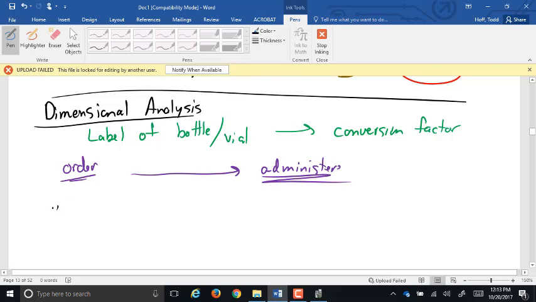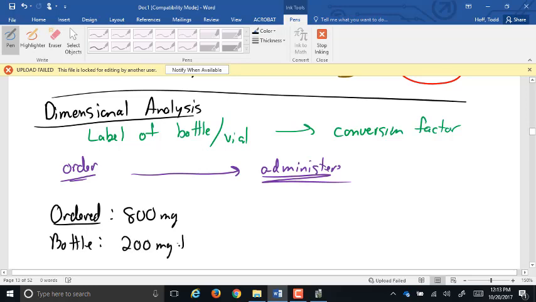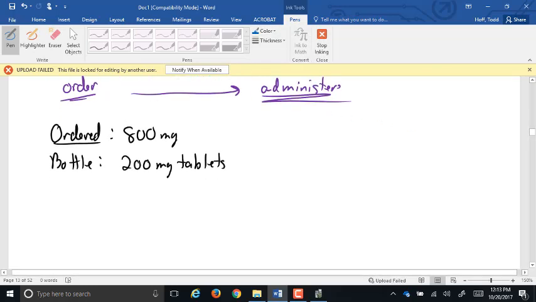So let's look at our example again. Ordered: 800 milligrams. The label on the bottle: 200 milligram tablets. So we start out with the doctor's orders, 800 milligrams.